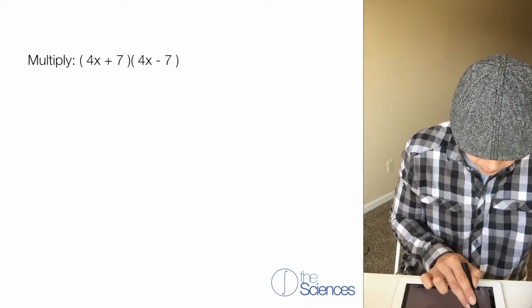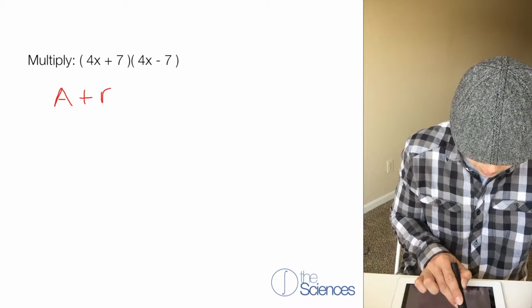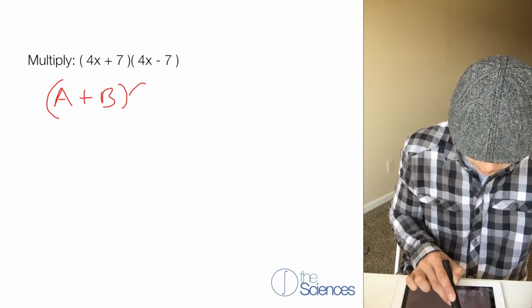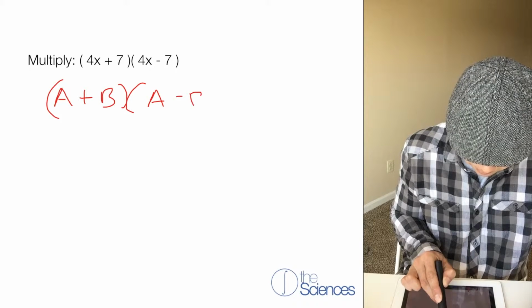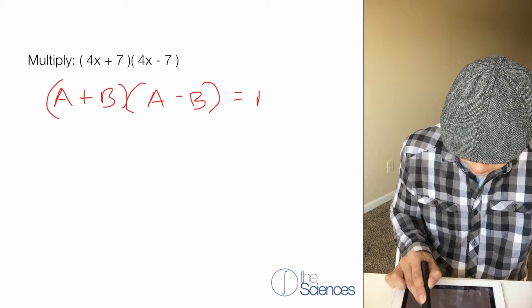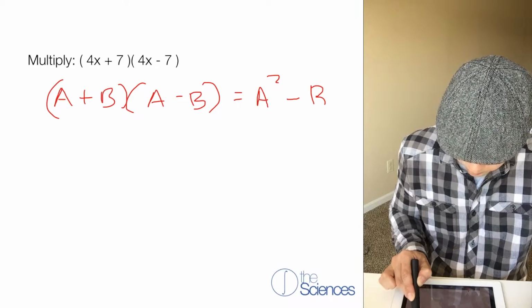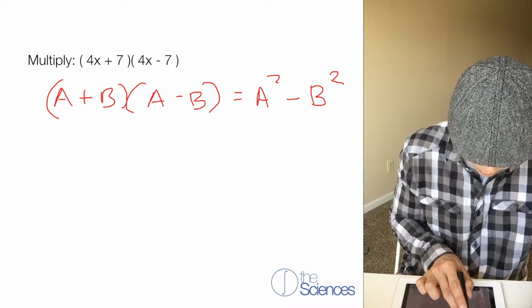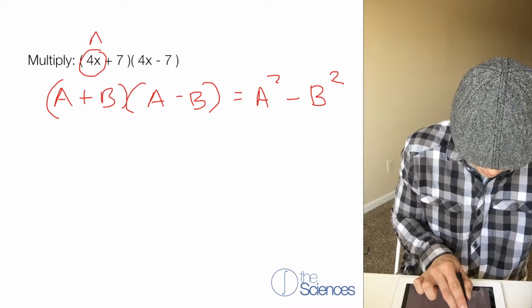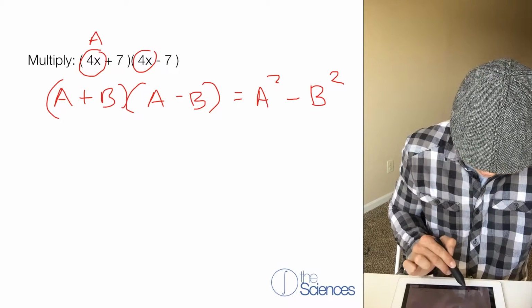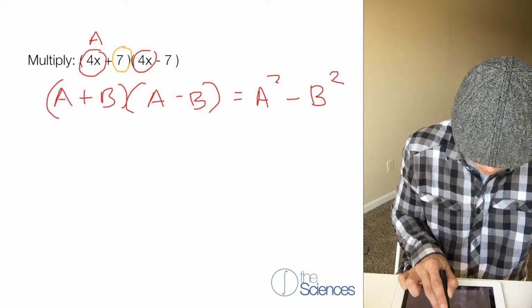So we know that a plus b times a minus b equals a squared minus b squared. So here, this is our a term, and then this is our b term.